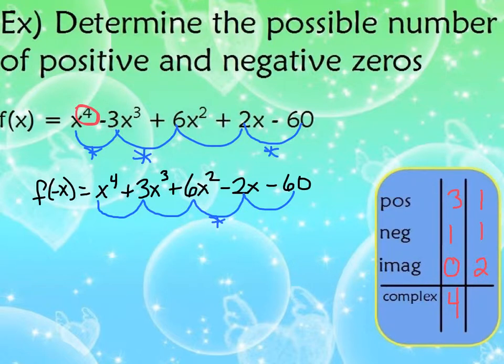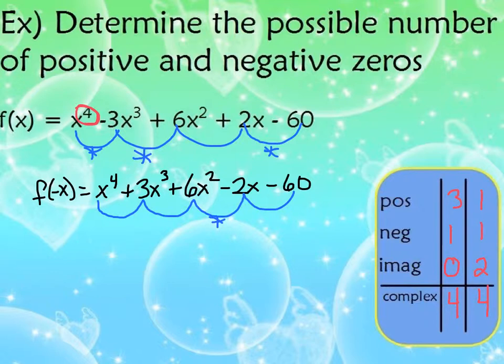So then that adds up to 4 total. Now these are my 2 options. One of these things could happen. We're not going to do this problem, but I know going in that I should end up with 3 positive and 1 negative, and they're all real, or maybe 1 positive, 1 negative, and I'll end up with a couple imaginaries when it's all said and done.